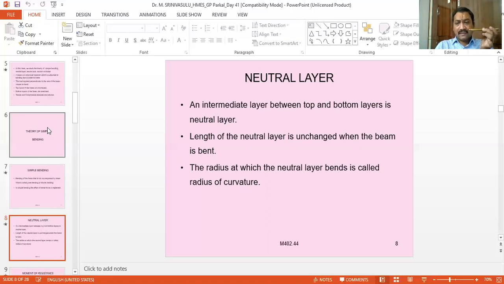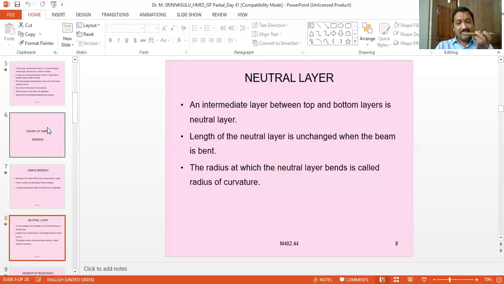The cross section of the beam is assumed to consist of a number of thin layers, and each layer is independent of the other. That means each layer is able to expand or contract without depending on the other.